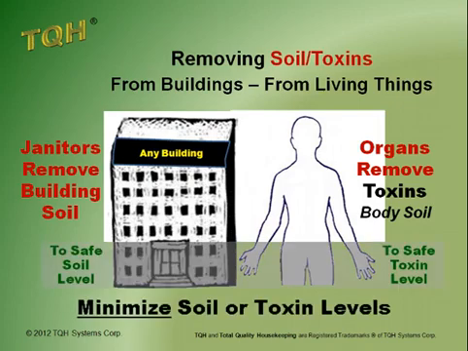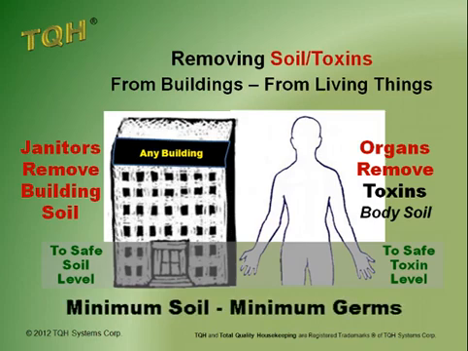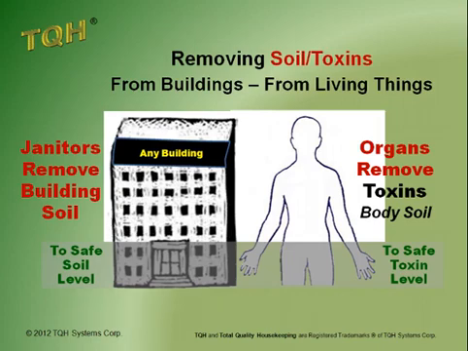As long as the soil levels are safe and you haven't created the situation where you're attacking soil with disinfectants and sanitizers without first cleaning the surfaces properly, you're not going to have a dangerous germ ratio change that overpowers the immune system.